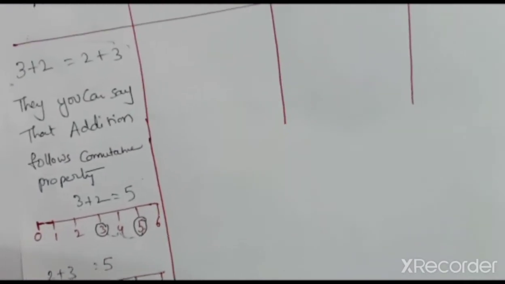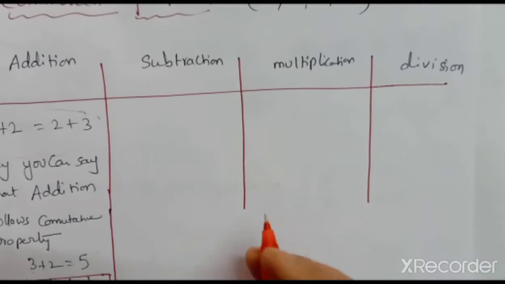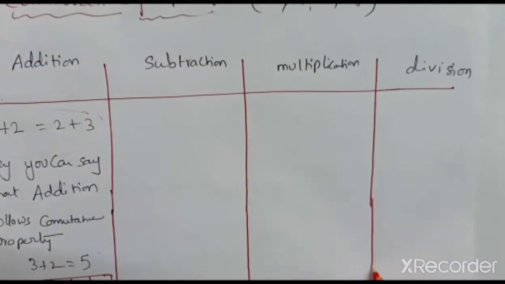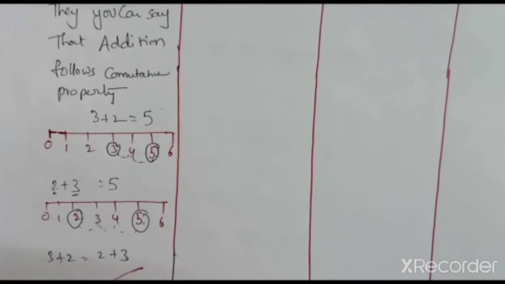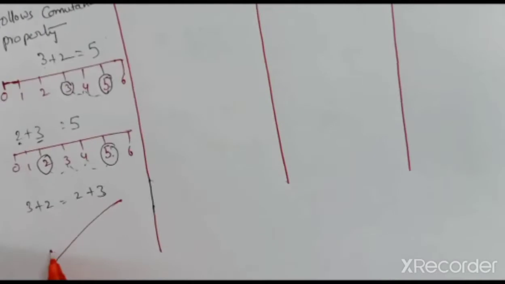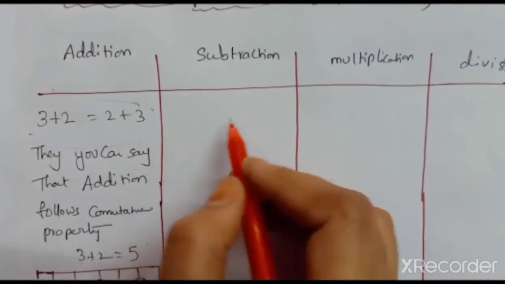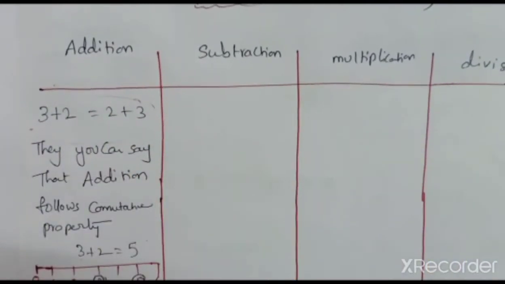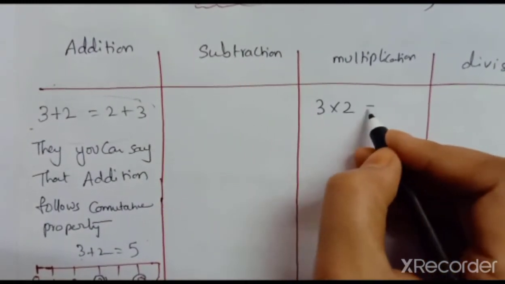Now let's see the multiplication first, because it is very easy. So addition follows the commutative property. Next, move to multiplication. See, for the same example here, 3 into 2 is equal to 2 into 3.